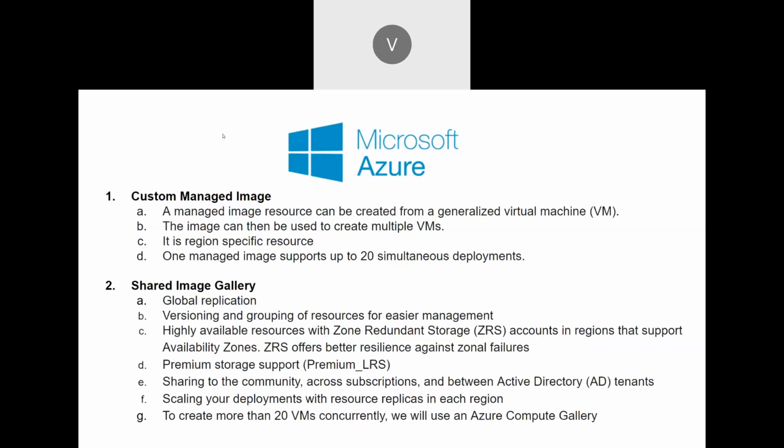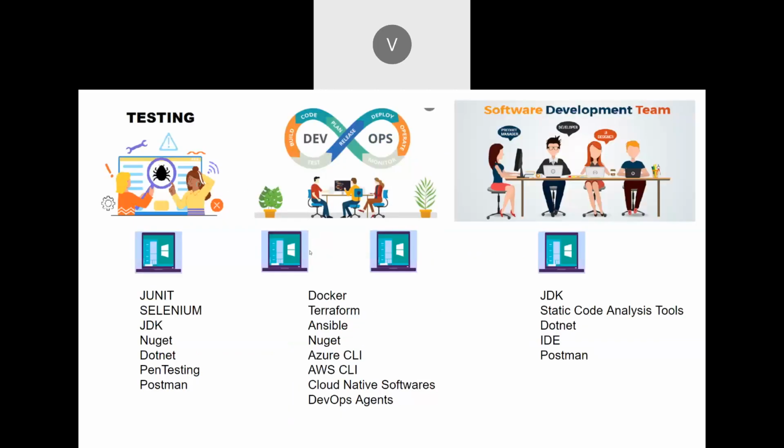The other thing is that the shared gallery image doesn't just help with replication but also versioning. Right now for an OS you have JUnit and Selenium with a specific version, and suddenly Selenium was updated and you want the updated version in your image.